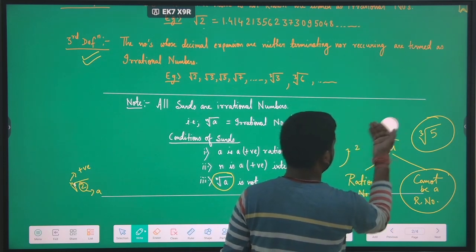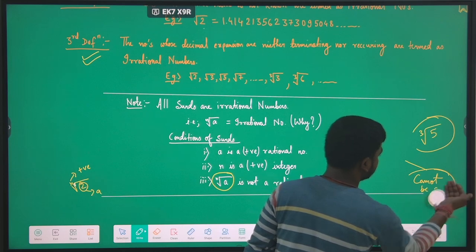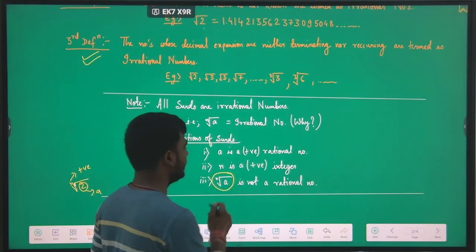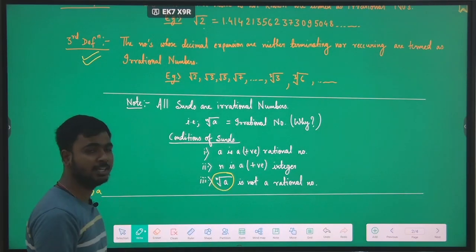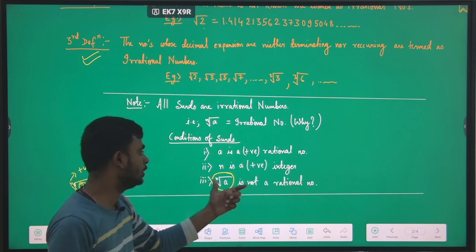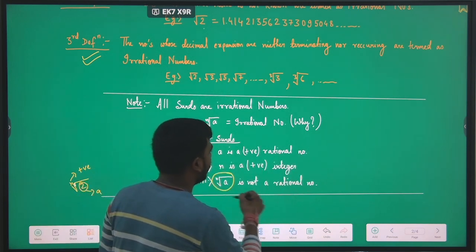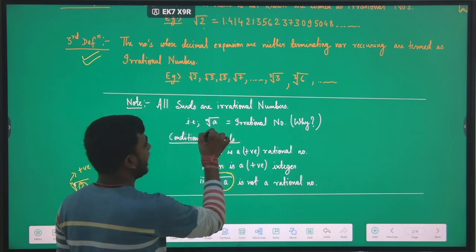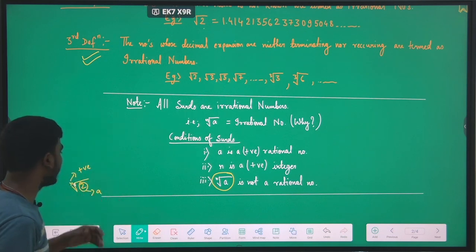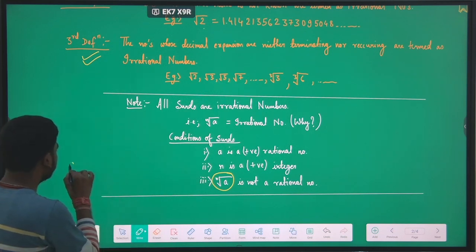So for the definition of surds, what we have seen: numbers in this form, where the nth root of a is not a rational number, a is a positive rational number, and n is a positive integer. If these three conditions are followed, then we say this is a surd.